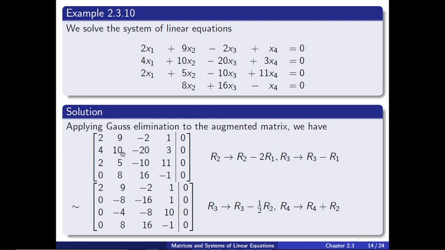And then 10 minus 2 times 9, which is 10 minus 18, which is minus 8 there. And then we've got minus 20 minus 2 times minus 2, which is minus 20 plus 4, which is minus 16. And then we have 3 minus 2, which is 1, and then 0 minus 0, which is 0 there.